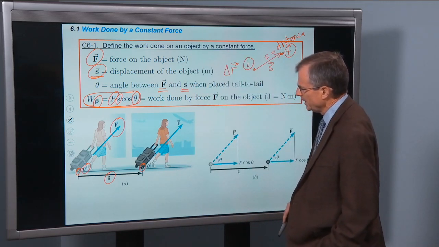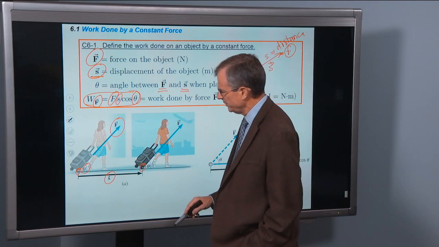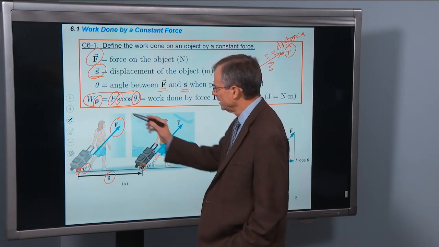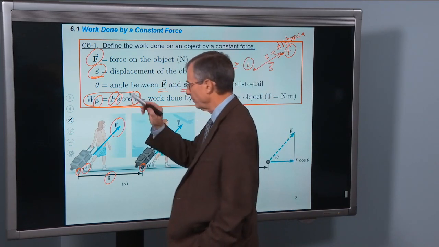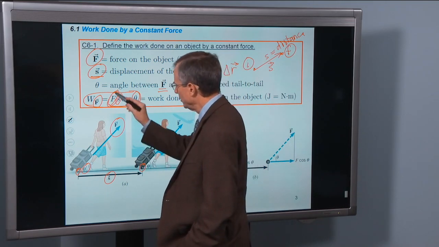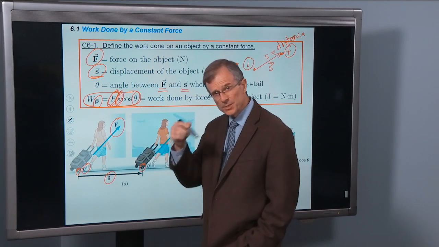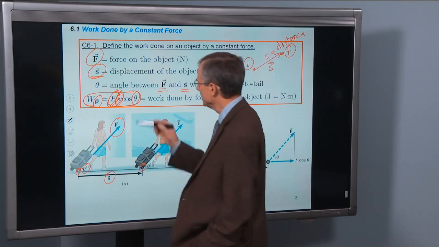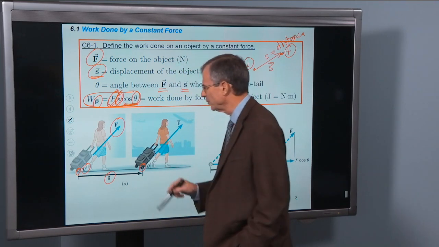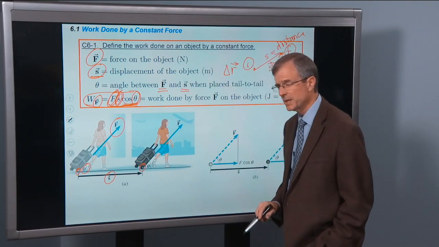So note, we'll talk about that a little bit later, but that's the work. The work is the magnitude of the force times the distance traveled, the magnitude of the displacement, times the cosine of the angle in between. We'll talk more about that cosine and what it means.